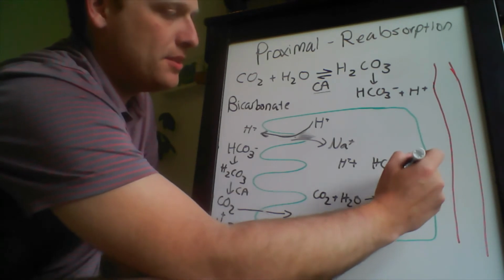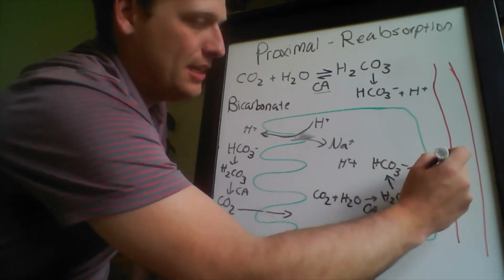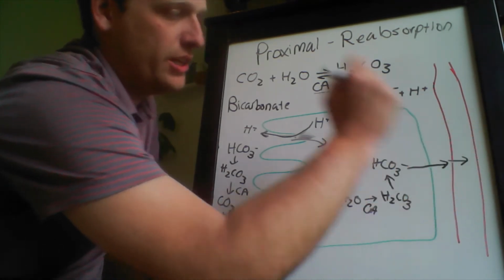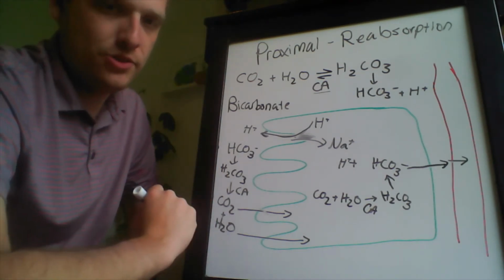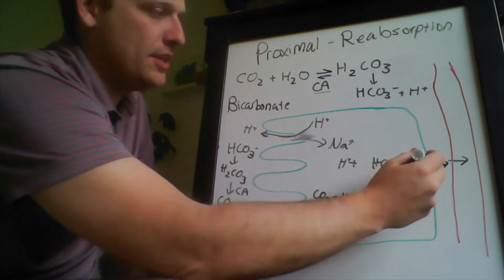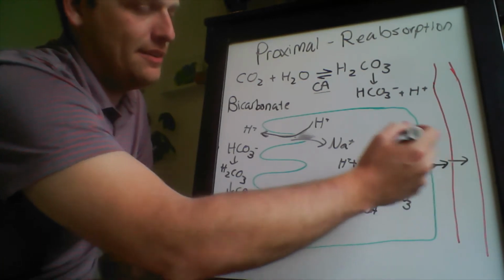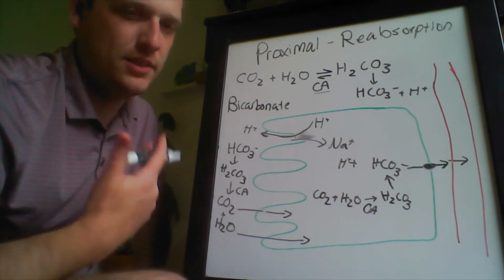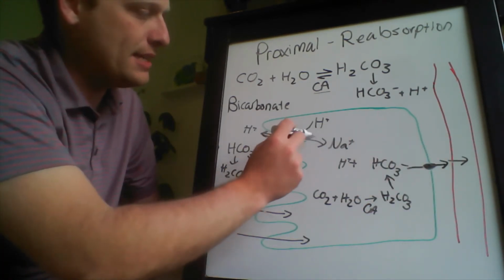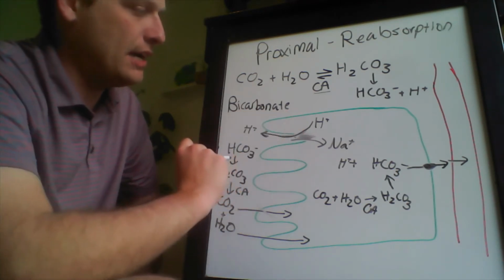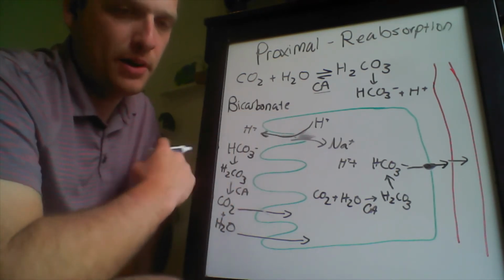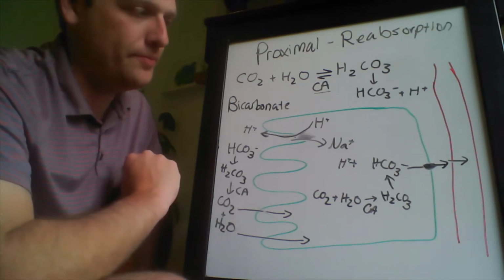What happens to that bicarbonate eventually is facilitated diffusion back into the bloodstream. This is where the carrier protein facilitates the diffusion. This does not require ATP, whereas the hydrogen ion sodium antiport pump does require ATP.